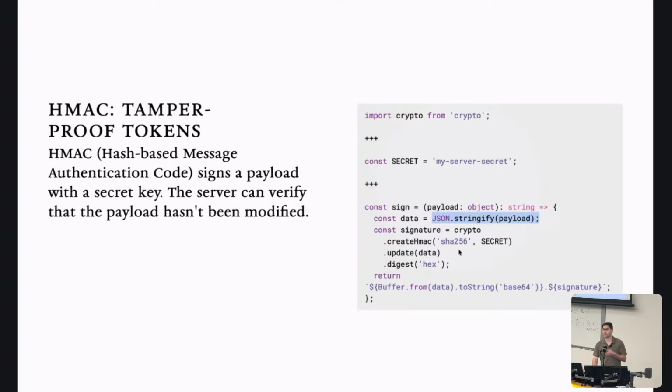With a hashing algorithm, we're using the same SHA-256, and a secret. And the secret is very important here because, maybe I'm getting ahead of myself, this is what will allow the server to, in the future, verify that the hash wasn't manipulated.